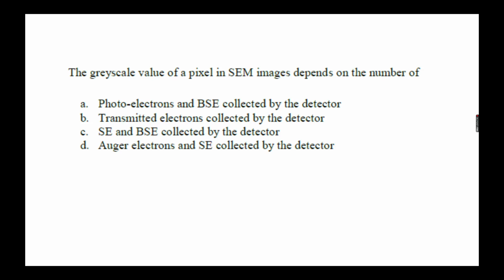No? Okay, so I think the answer C is right actually.